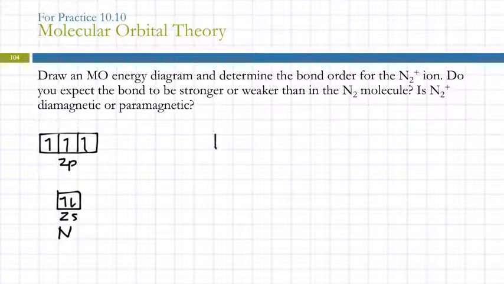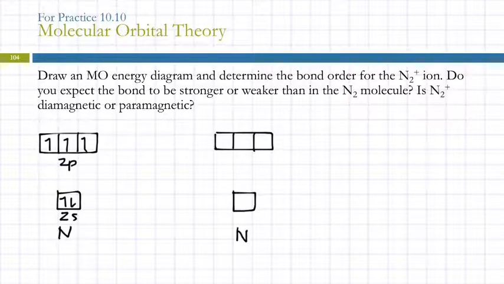And the other nitrogen atom has those same orbitals. But if we're going to make N2 plus, then this one needs to be an N plus, meaning it's lost an electron. So instead of putting in 5, we're going to put in 4. 1, 2, 3, 4. Everybody still with me? Mostly, at least.